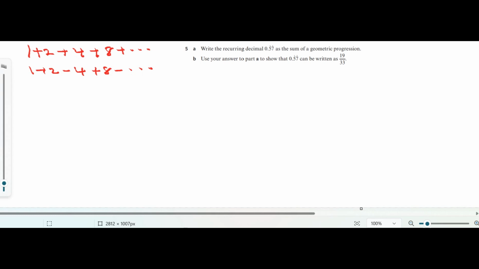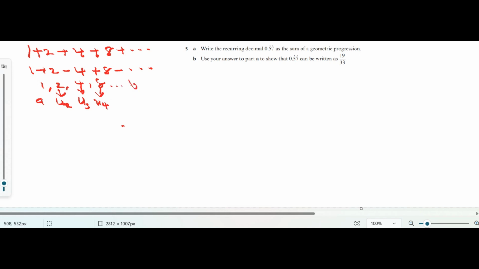Okay, let's get into it. Just to recall what you've learned so far in your O-level math: the first term of any series or sequence is always the first term A. Like if I have 1, 2, 4, and 8, my 1 here is A, my 2 here is the second term, here is called the third term, here is called the fourth term, and so on like that.